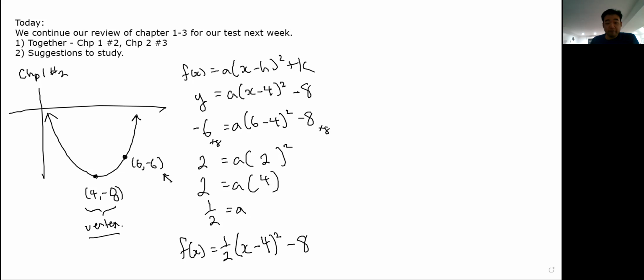No, y is fine, but either one is okay. The only time you would want to put f of x is if there's more than one function you're dealing with, so you have to identify between this y versus that y.